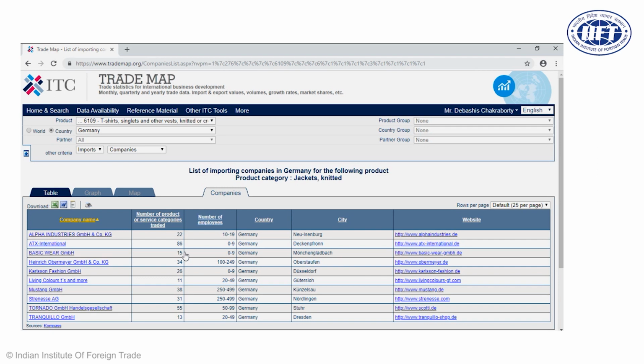We can click on any one of the categories given, and from there we can get the details and contact information of the firms which are in Germany and involved in import of garments. From there, you can try to get in touch with them, getting their email or phone number from the website, to see how to conduct business with them.